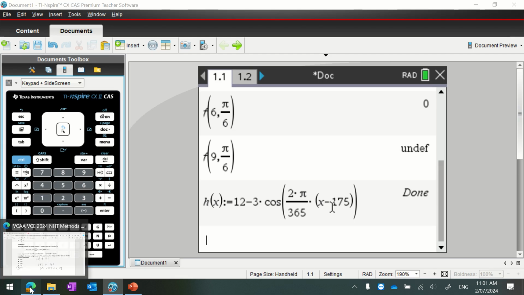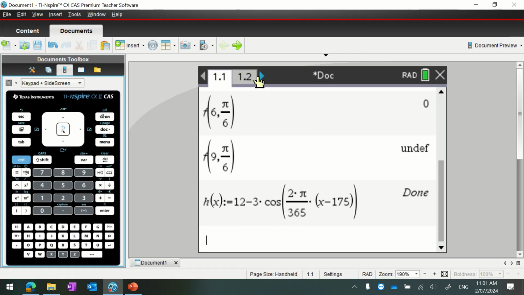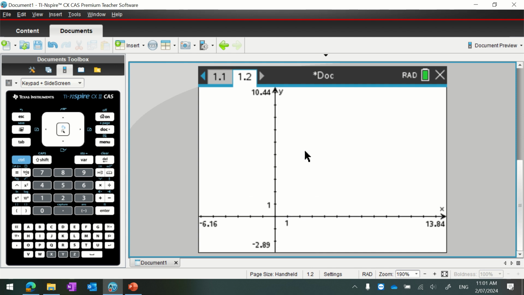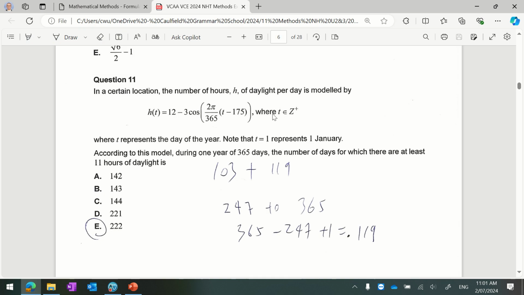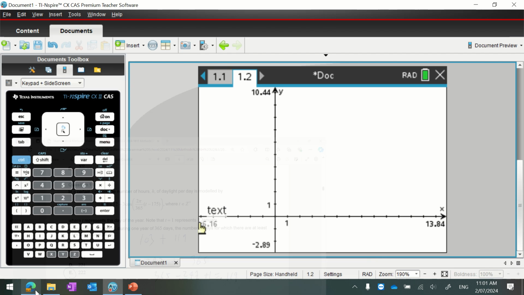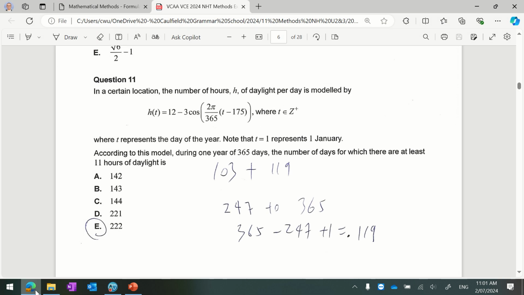Okay, so the first thing you should always do is to graph it, just to get an intuitive sense of what's happening. If I put that in, I don't want that anymore, I just want h. Oh, and it's not showing, which means I need to change my window of view.